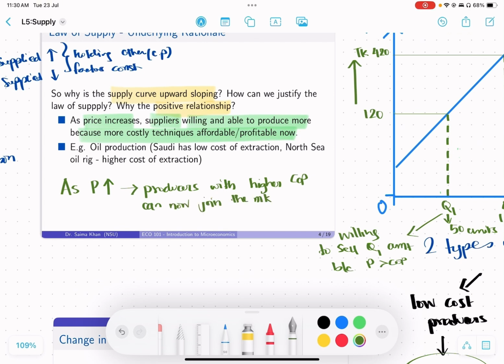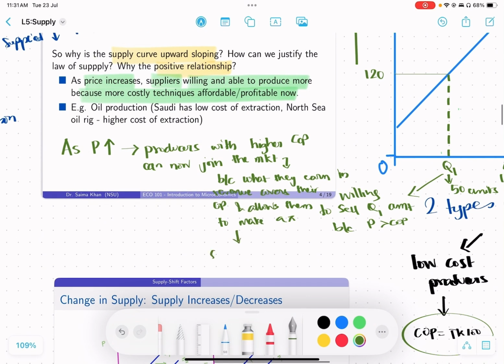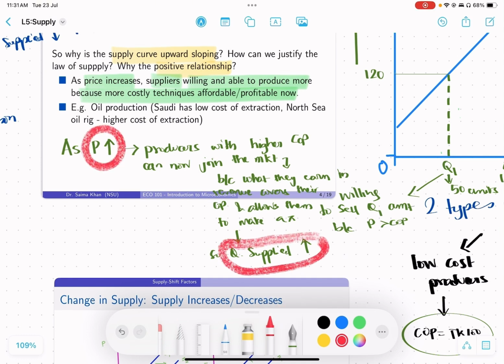They can enter the market because what they earn in revenue covers their cost of production and allows them to make a profit. And so quantity supplied in the market goes up. So you see, we have this positive relationship between price and quantity supplied.